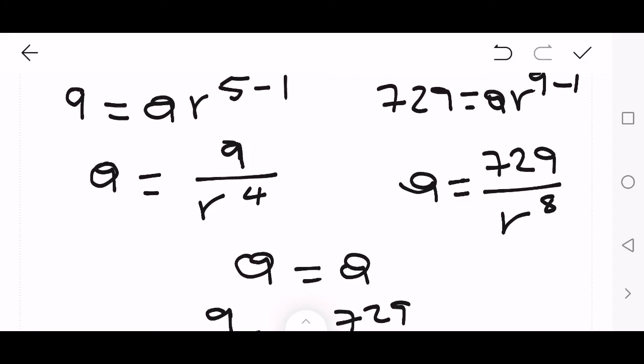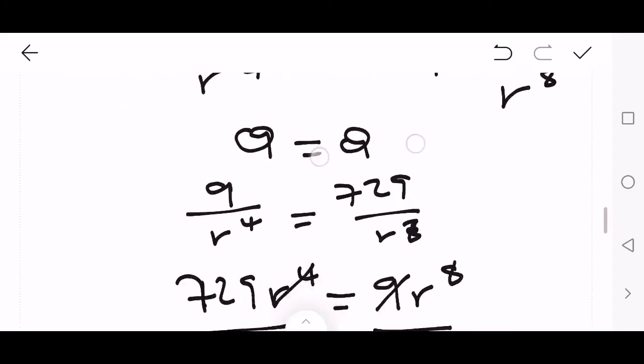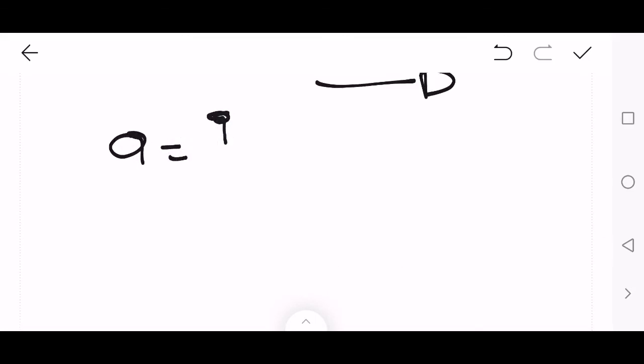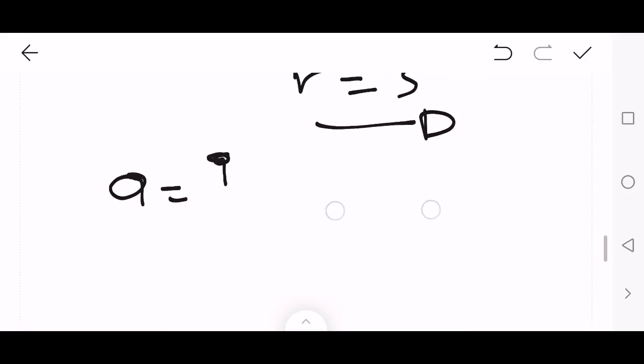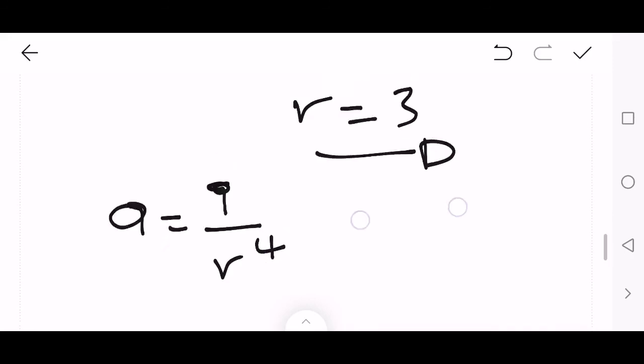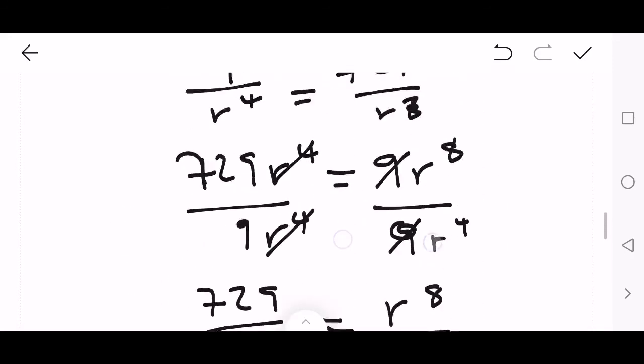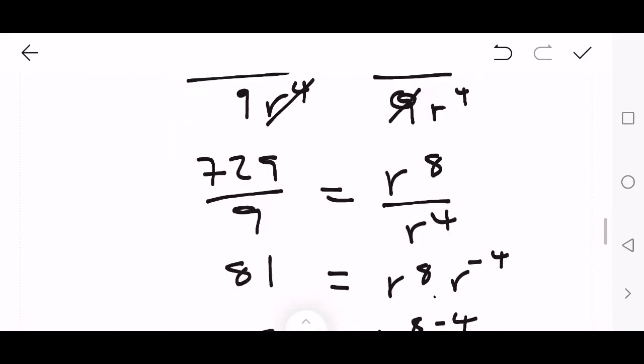So we have a equals 9 over r to the power 4. Let me just make sure. Yes.